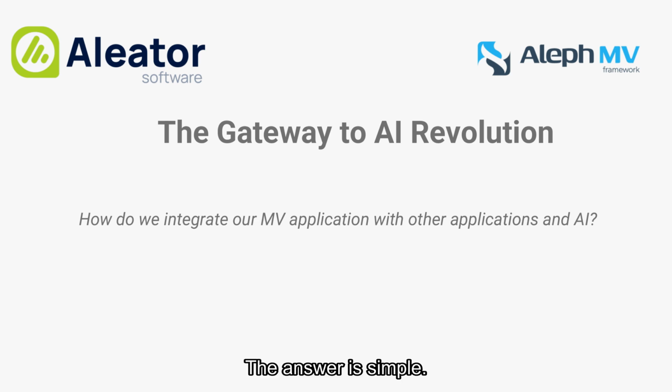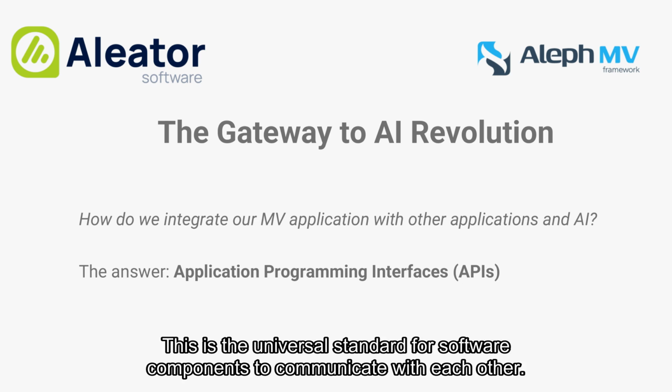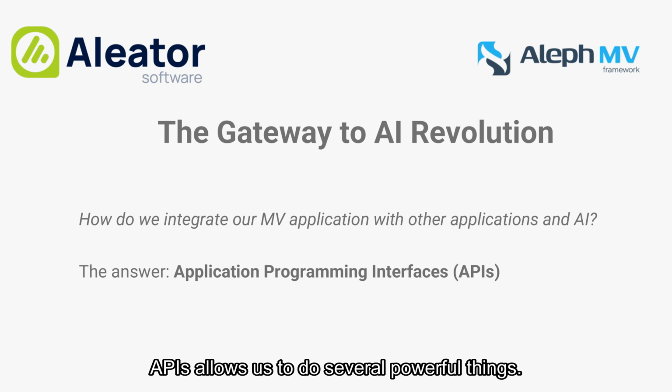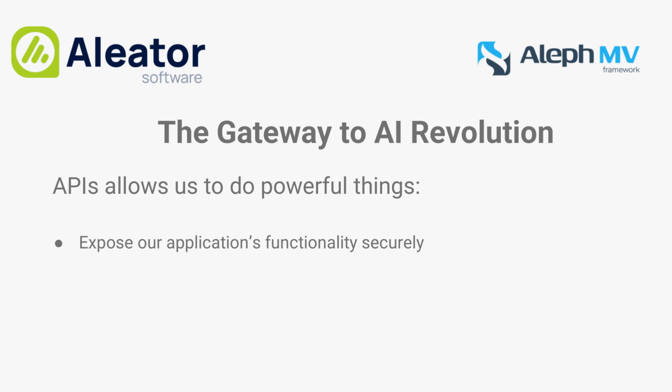The answer is simple: using application programming interfaces or APIs. This is the universal standard for software components to communicate with each other. APIs allow us to do several powerful things. They let us expose our MV application functionality and data to other applications.